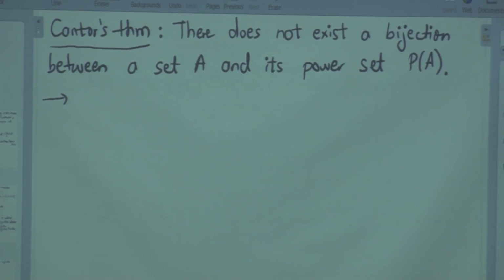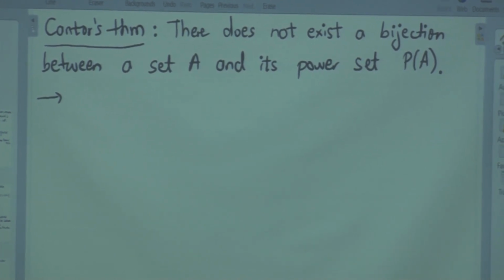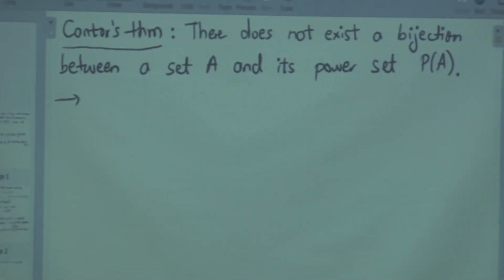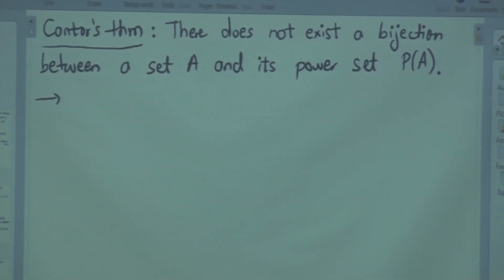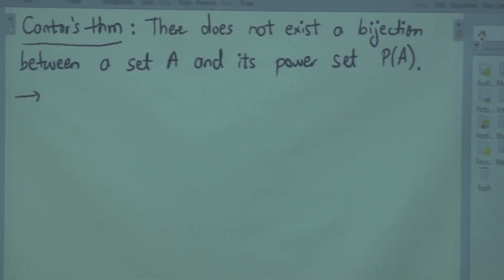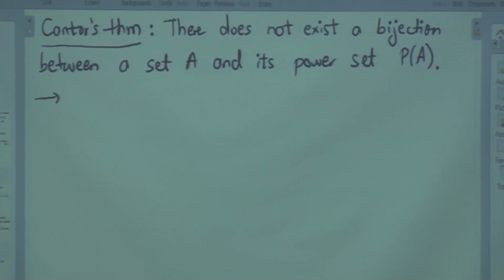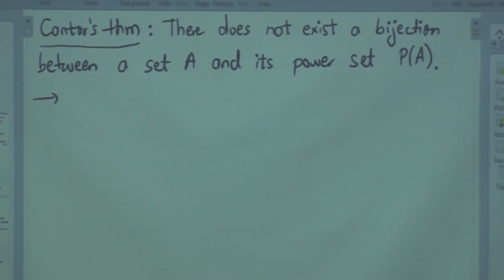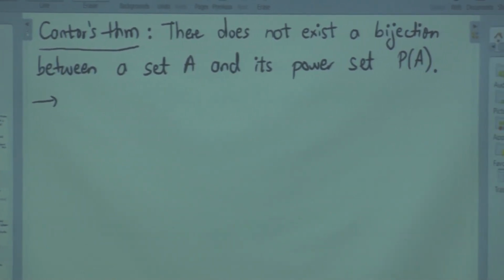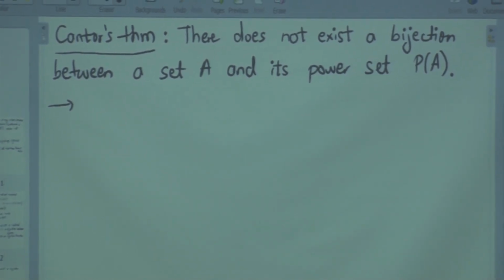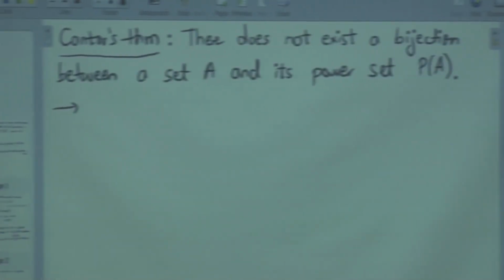If we map each element of A, then they will exhaust, but there will still be some elements remaining in the power set. So if we take an injection, we map each and every element of A to an element of the power set of A, but after some time the elements of A will exhaust. Correct.